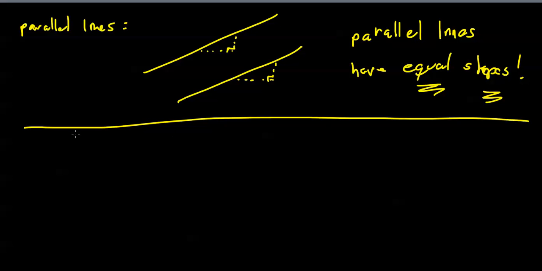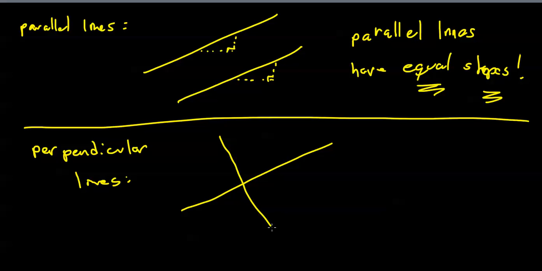All right, not quite so simple with perpendicular lines. Perpendicular lines by definition intersect at a 90-degree angle. I'll try to simulate that here. All right, perpendicular lines intersect at a right angle or 90-degree angle. Certainly their slopes are not equal. And I'm not going to prove this.